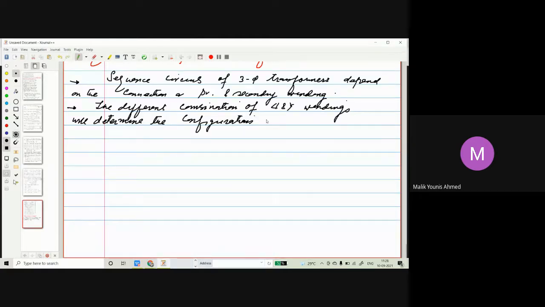Zero sequence circuits, and phase shifts also. So we'll see how much phase shift there will be in the positive, negative, and zero sequence circuits. So that's also important. We have a combination that will determine the configuration, and if there will be a phase shift, how much that will be, we'll see later on.